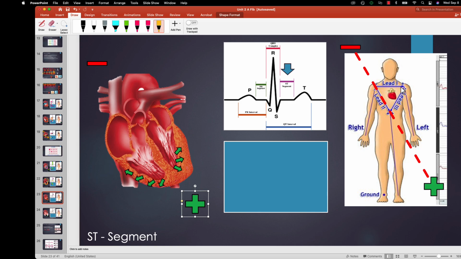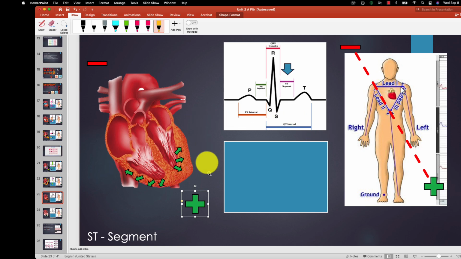There's another pause. And this is one of the most important lines when it comes to pathologies of the heart. I believe in the myocardial infarction lecture, I mentioned the ST segment, and that we are going to need to focus on that with the EKGs when it comes to irregularities of contraction and electrical impulses.